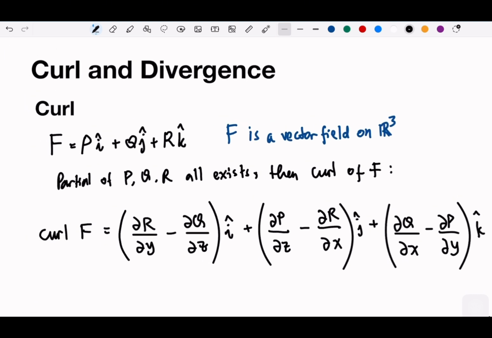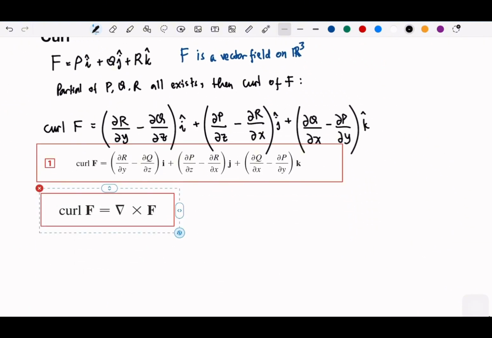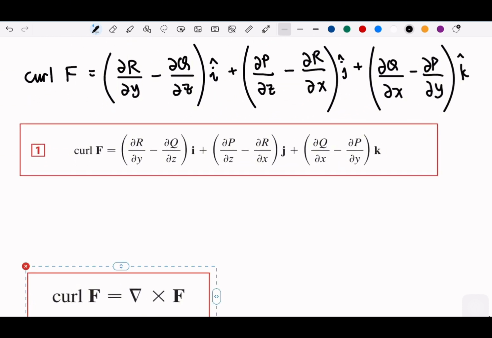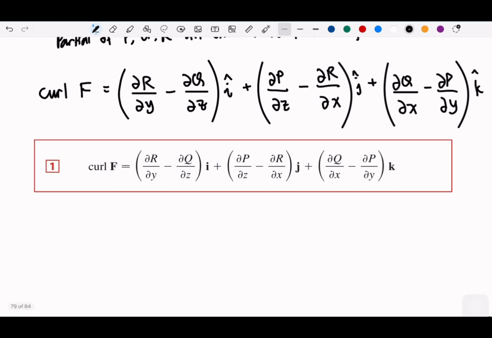Now, to help explain why the pattern or the structure looks like this for the formula, we can simplify. If we remember the del operator, or the nabla, this one we call the del operator.